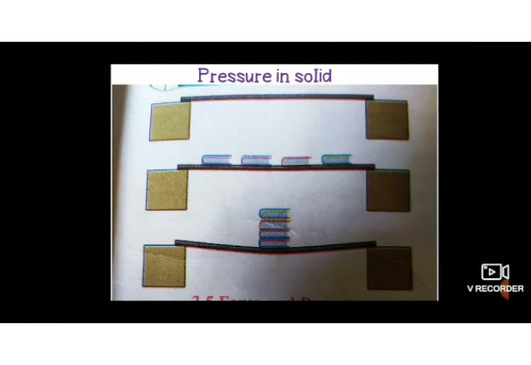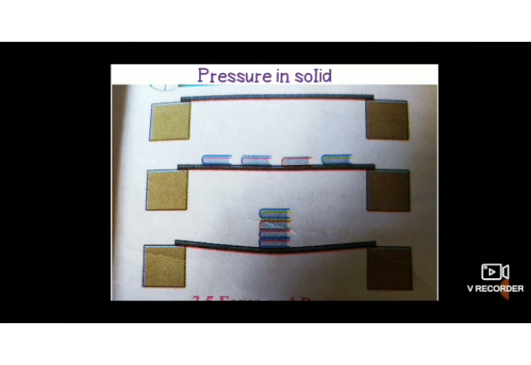Pressure on solid. The example which you can see is the best example of pressure in solid. As you can see, in the first picture there is no book kept. In the second picture, books are kept evenly, so there is no extra pressure exerted. But in the third picture, books are kept on top of it, and because of that the surface area decreases and the pressure increases, as we saw earlier.